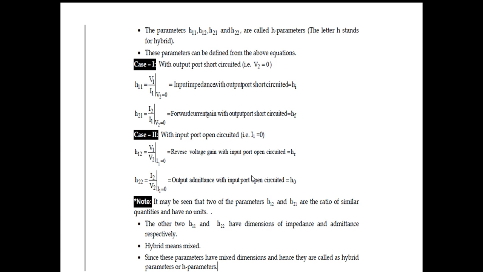Now let us define these four parameters. Case 1: with the output port short circuited. From the two-port network, if the output port is short circuited, then V2 becomes 0, the output voltage is 0.